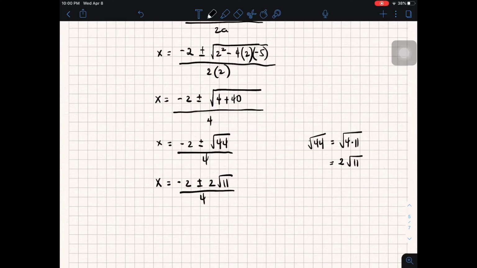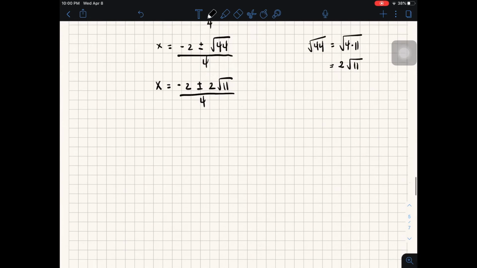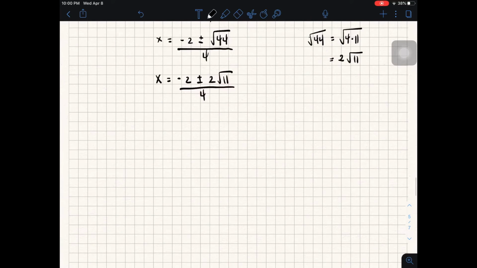Ngayon, since okay na tayo sa ating radical part sa denominator nitong fraction natin, let's proceed with the value of x. So, for the x sub 1, we have negative 2. Gamit natin yung positive part. Plus 2 square root of 11 over 4. As you can see, common yung 2 sa numerator sa denominator. May factor sila.